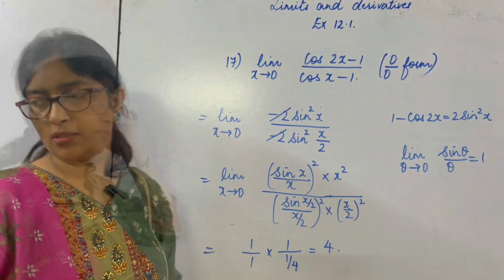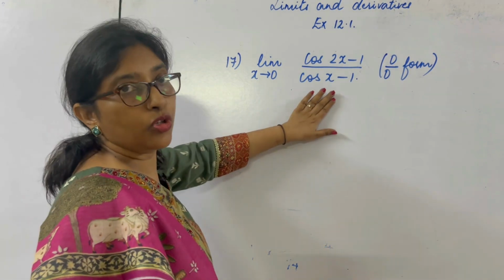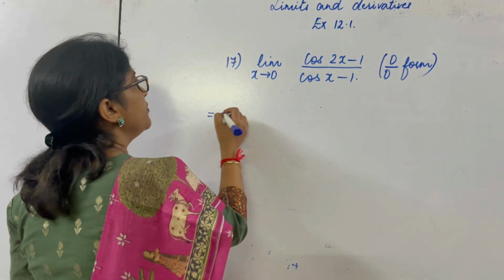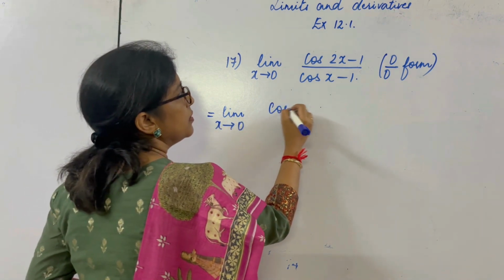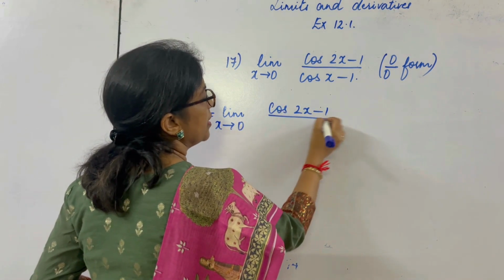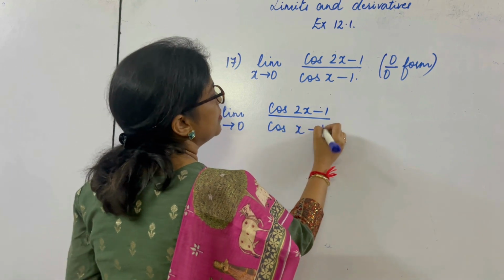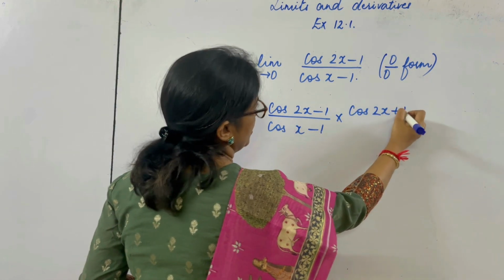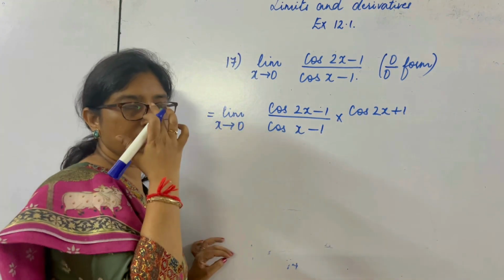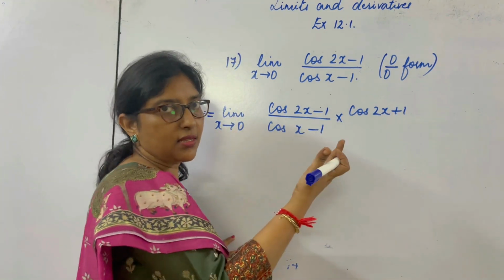This question can also be done in another way. Let us see the other method. If we do not want to use the half angle formula, we can use rationalizing the denominator kind of thing, that is multiply and divide with cos 2x plus 1. Okay, in earlier classes we were simply rationalizing the denominator.